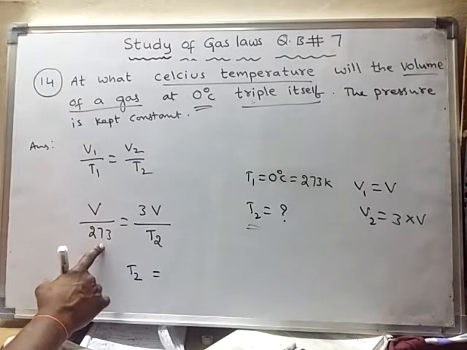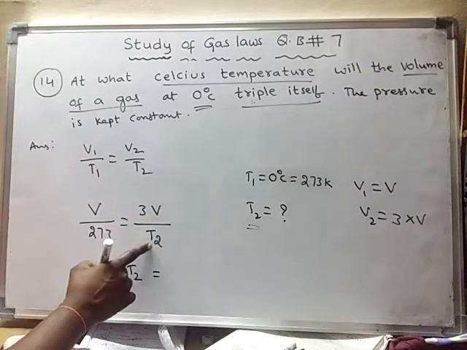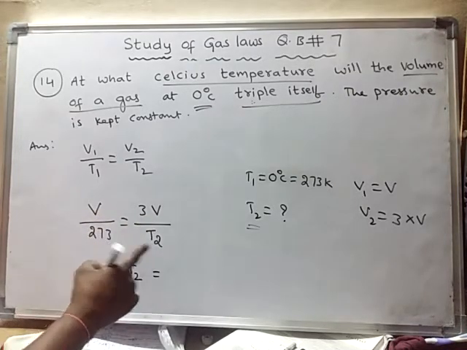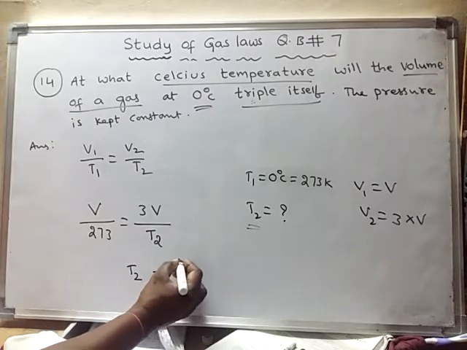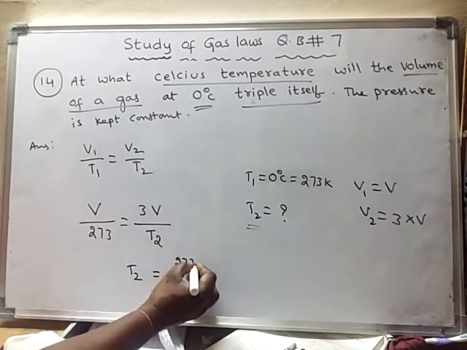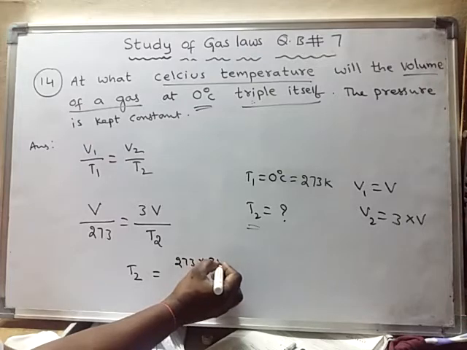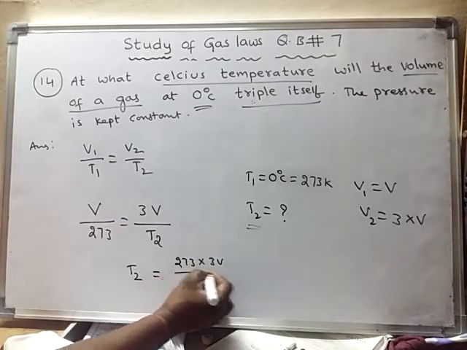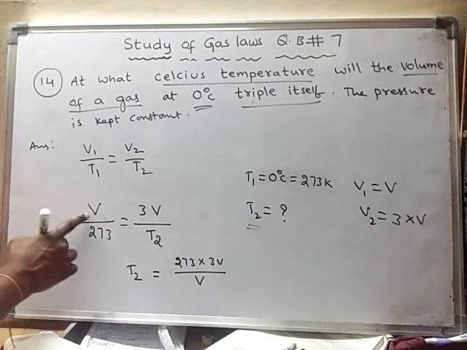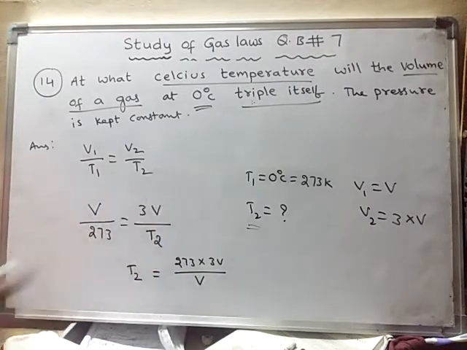T2 will be equal to 273 into 3V by V. Bring T to this side, V to this side, and 273 to that side.